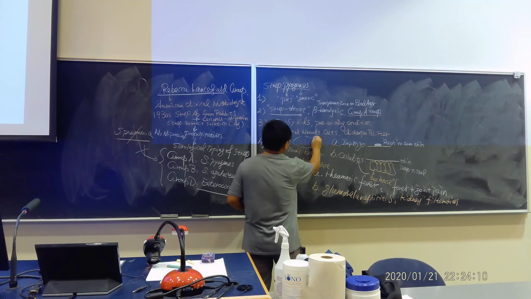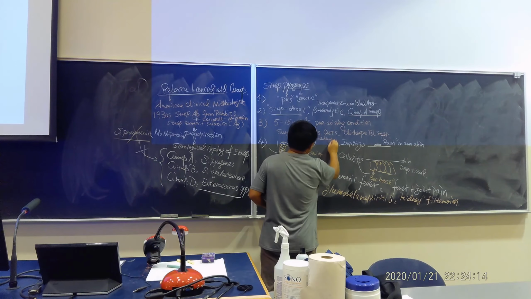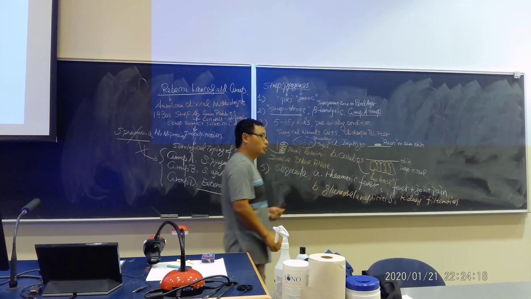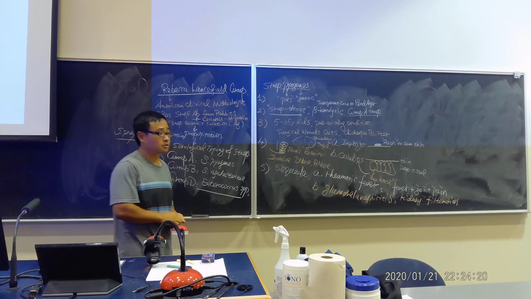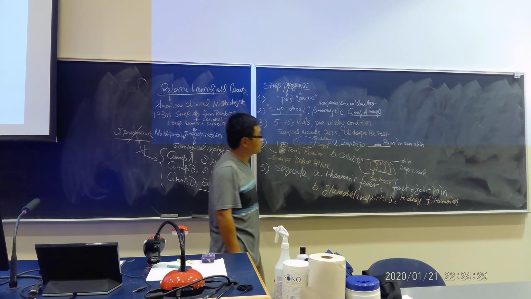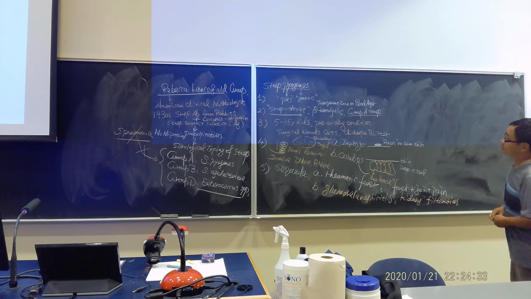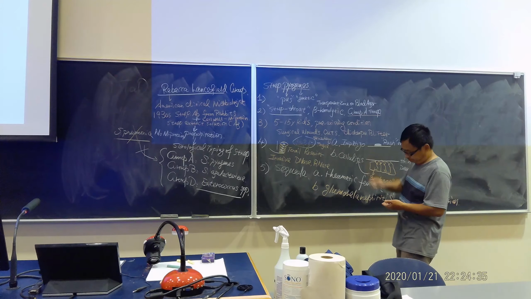This is called strawberry tongue. That also could be one of the symptoms. So the complexity for this one is a lot, because Streptococcus pyogenes is very, very invasive. So this is Streptococcus pyogenes. We call it group A.